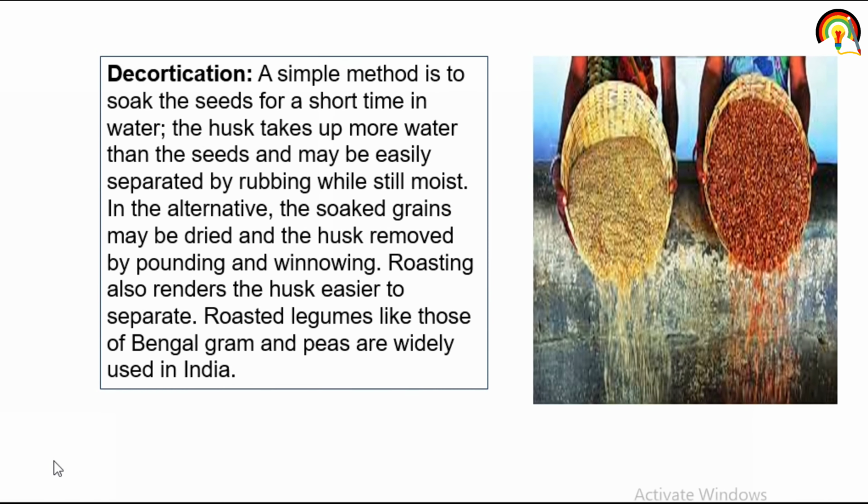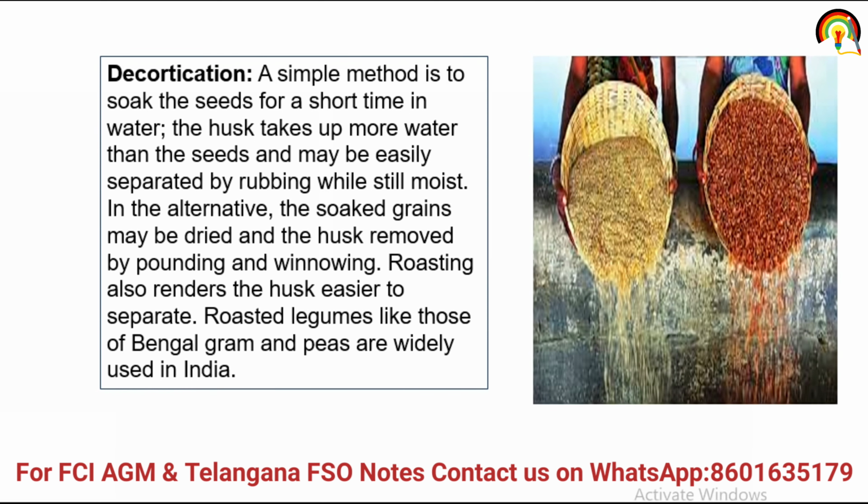Next one is decortication. A simple method is to soak the seed for a short time in water, and the husk takes up more water than the seed and may be easily separated by rubbing while still moist. As shown in the picture, the husk is easily separated by rubbing.